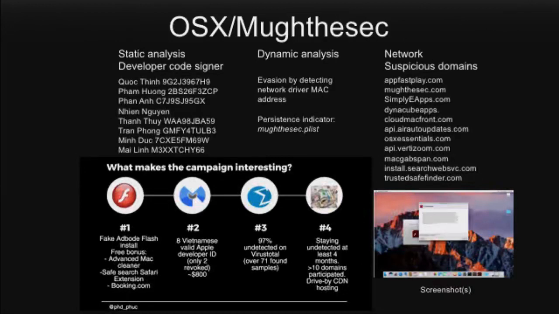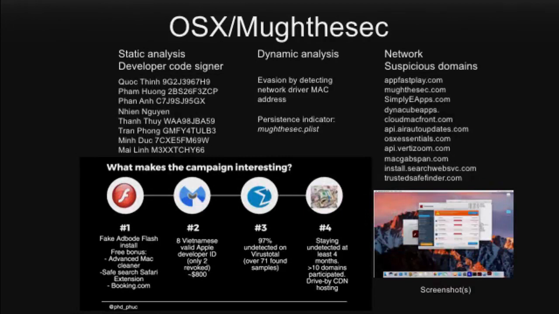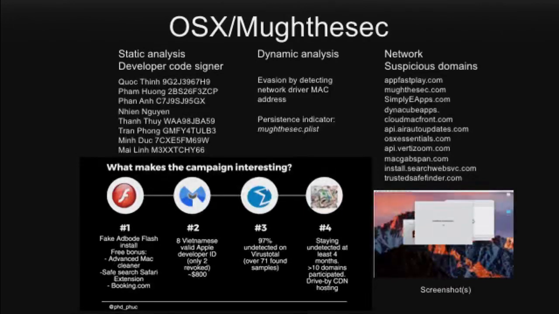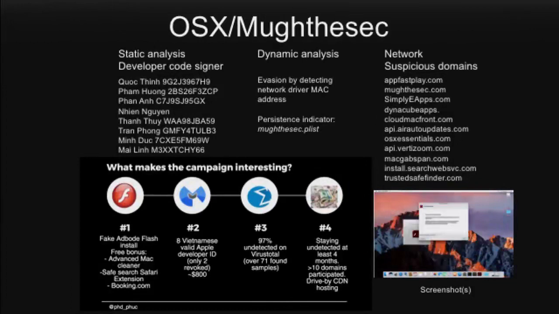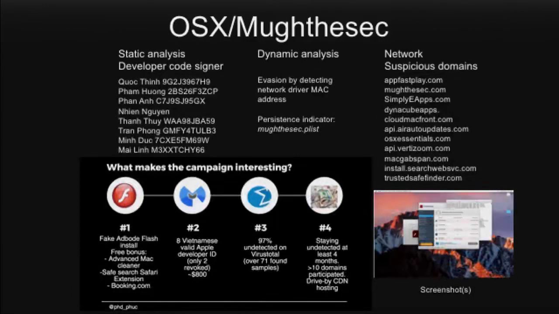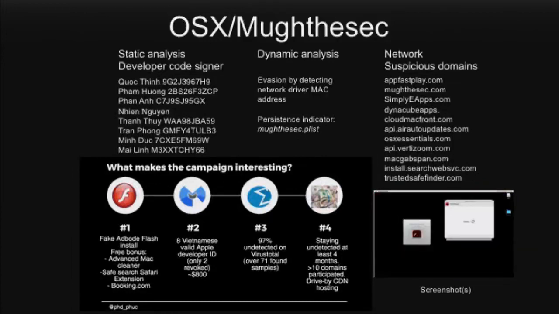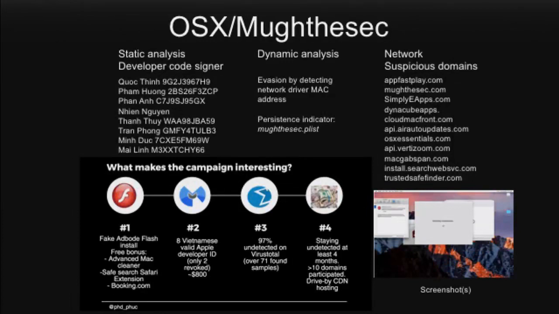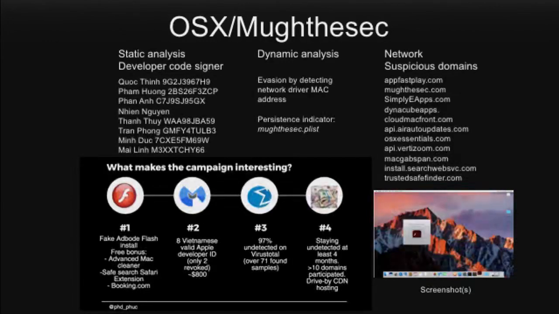We also constructed a set of suspicious network domains, and a static analysis where we see the developer code signers, mostly of the campaign, using a Vietnamese code signer name. The interesting fact is that the whole campaign stayed undetected for at least 3 months before Apple revoked those certificates and silently released an update URL rule for their XProtect.